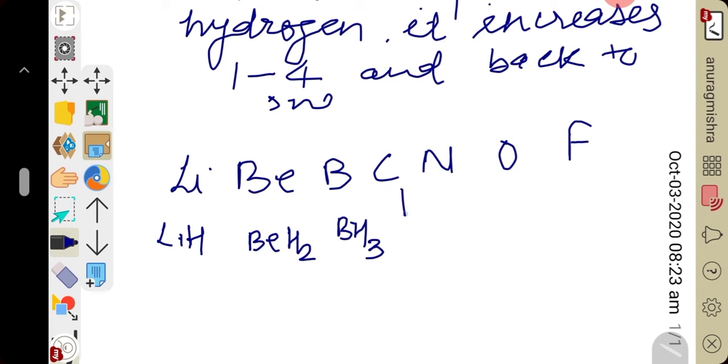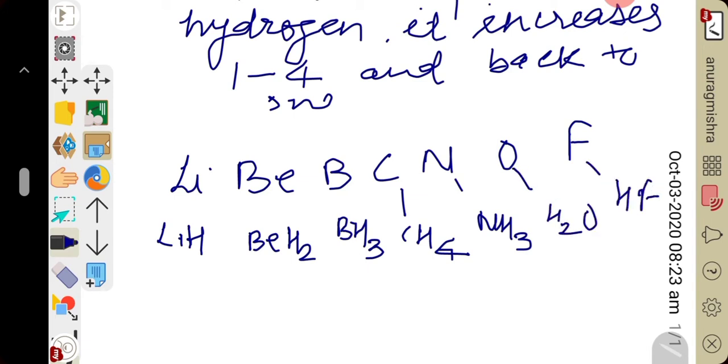Then comes methane, CH4, ammonia, NH3, oxygen, H2O, fluorine, HF. So you can see how valency is changing.